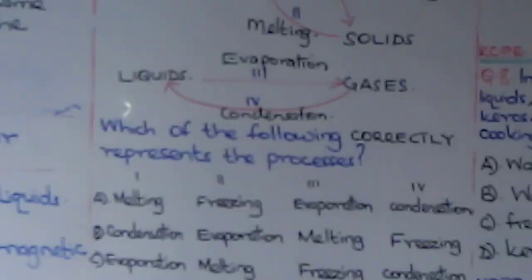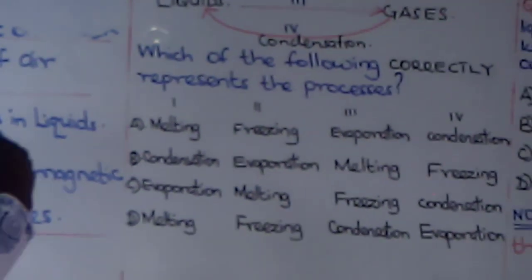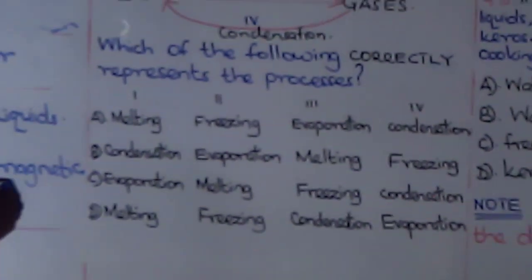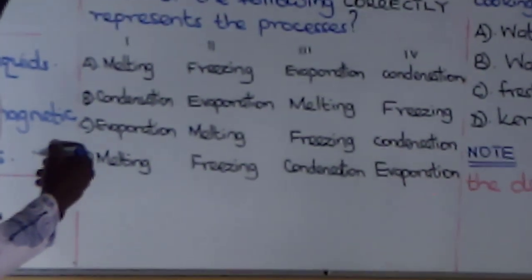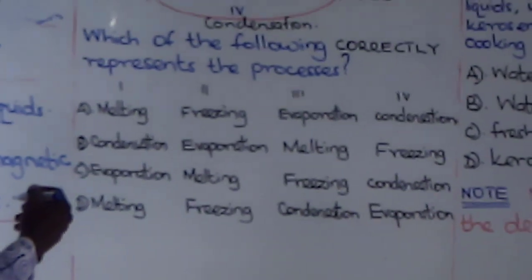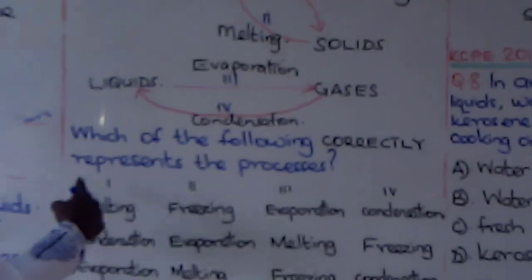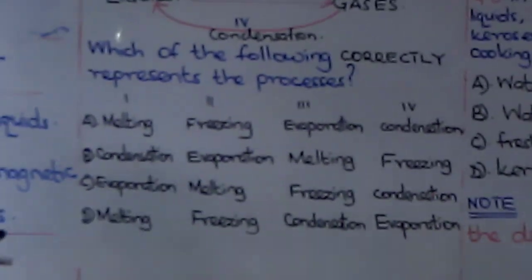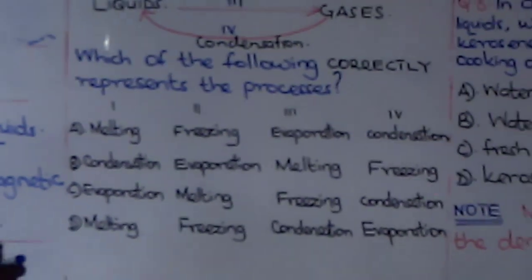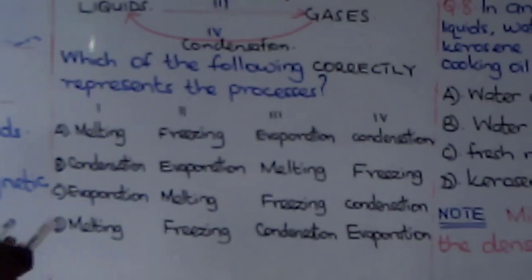So back to our choices. Number one, we've written freezing. The arrows are very, very important. I can't see freezing here. Since I got the question from the KCPE booster, maybe the arrows were confused, and so we can rectify the arrows, especially here.